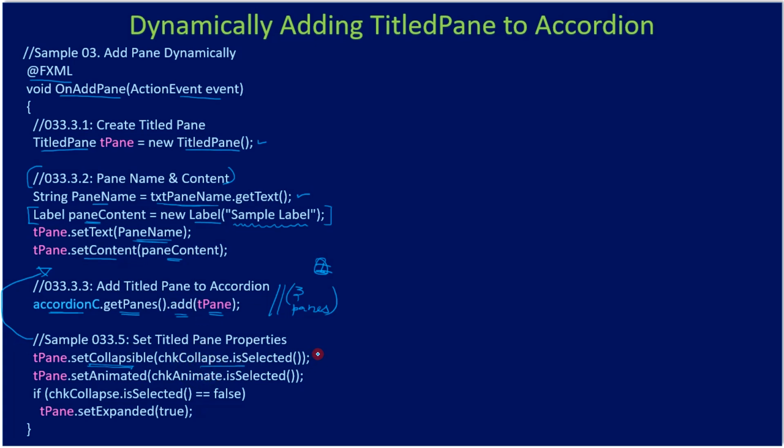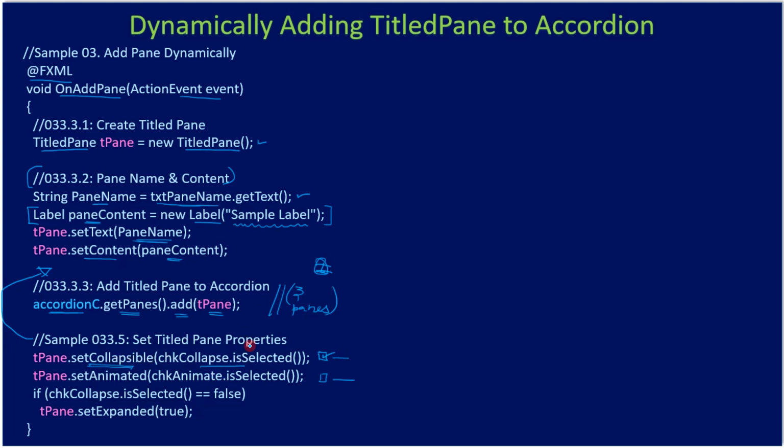So whatever is the checkbox value, we have two checkboxes, right? One is collapse and another one is animate. So when the user places a tick mark here, we will get it as true and we set collapsible as true.